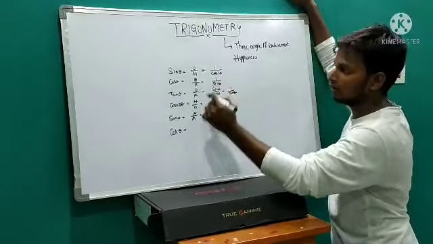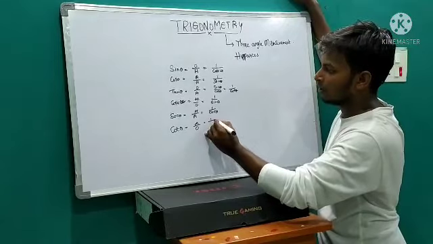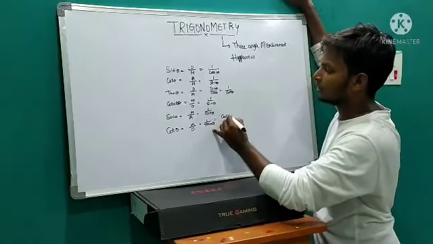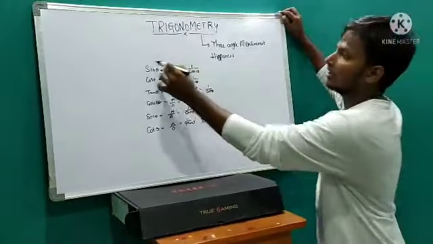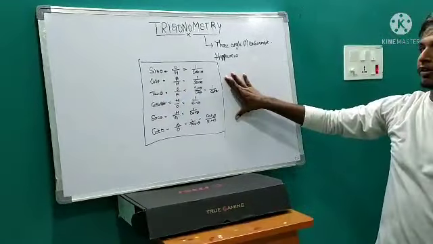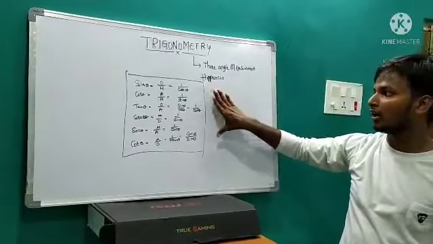Cot theta is equal to adjacent by opposite, or otherwise 1 by tan theta, or otherwise cos theta by sin theta. This is the short glance of the total formulas. They are very important formulas in trigonometry. Without this we can't learn about trigonometry.